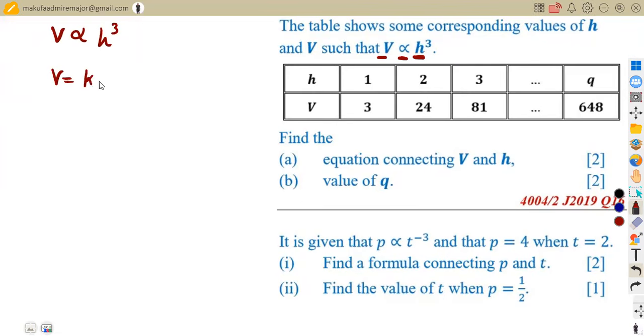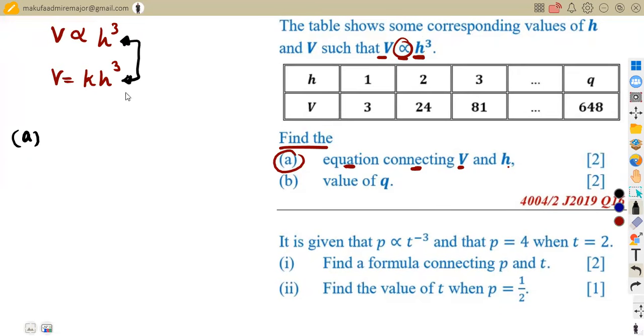So V is equal to K H cubed. Remember, to remove the variation sign, introduce a constant and an equal sign. So here they are saying, find the equation connecting V and H. All right. On this part that we have here, this is from the given information. We haven't started answering our question. We just took it from the given information.